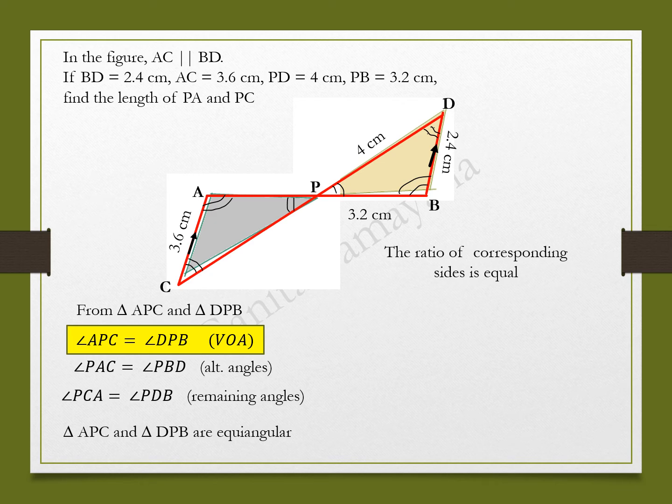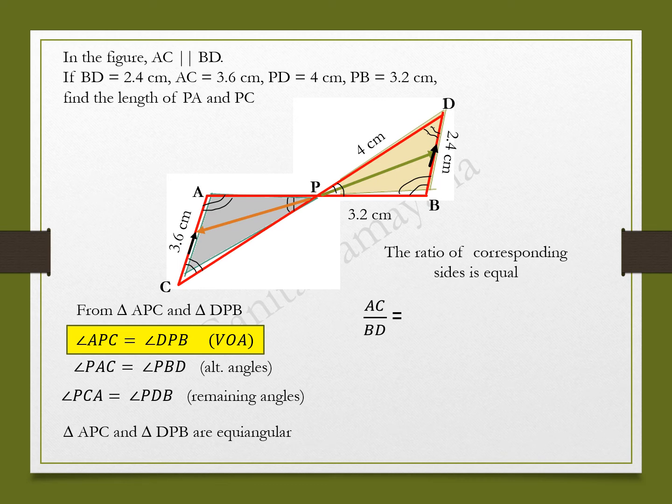So first we will consider angle APC equal to angle DPB. Now, we have to look for the side opposite to these two equal angles. Which is the side opposite to angle APC? AC. And which is the side opposite to angle DPB? DP. So we will write this ratio AC by DP. All the ratios are going to be equal, isn't it? So we will write the equal to sign and we will consider the next ratio.